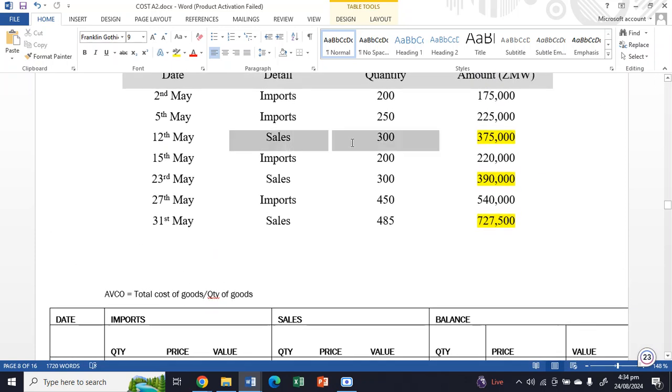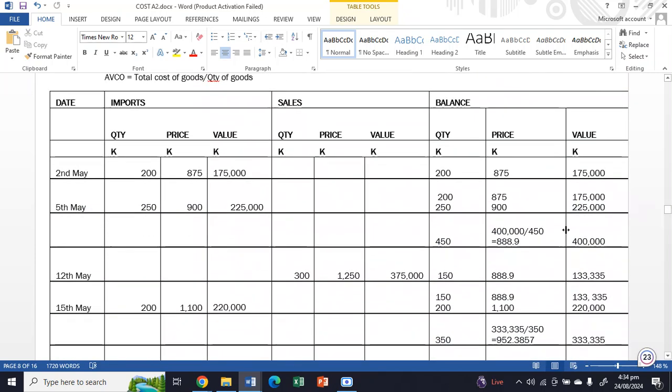Next transaction, we sold 300 goods. We made 375,000. Now remember, in cost accounting, when you make a sale, you value it at the cost price. And then when you're making your profit statement, getting profit, then you get the actual money you made from sales.